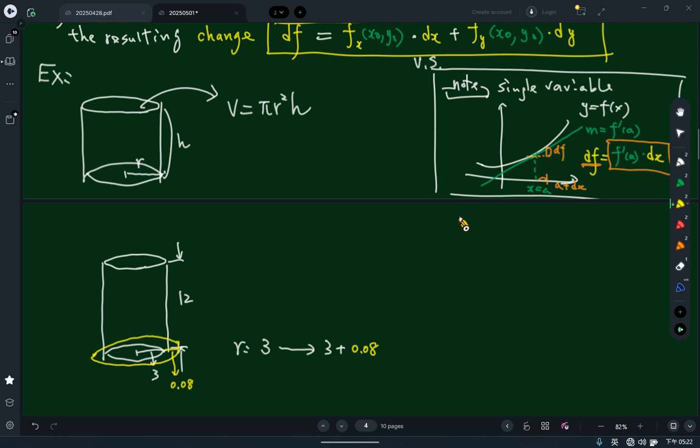And its height, we lower its height. This is a new can.